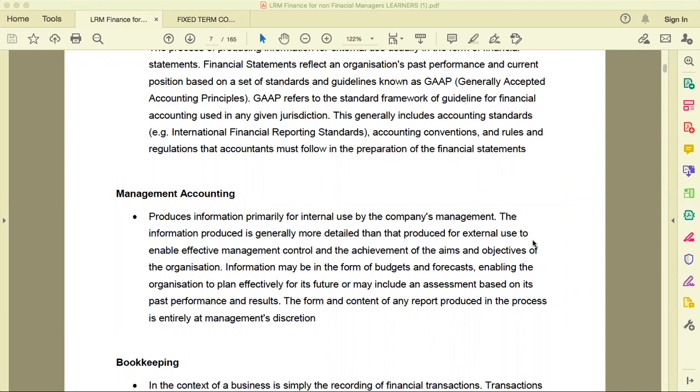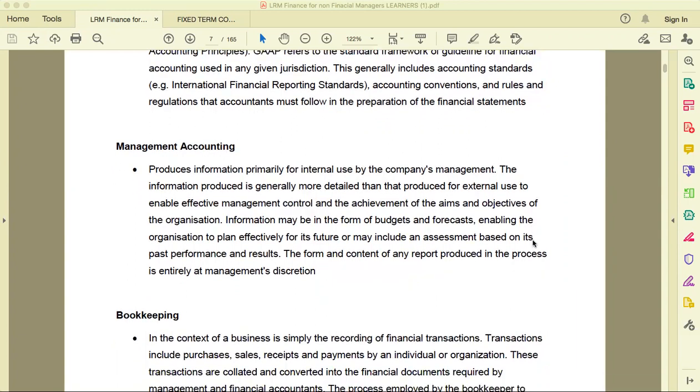We might also put things like budgets together, forecasts together, sales reports together based on the financial accounting that was done. So financial accounting teaches us the cold calculated finances of the business. We take that and then we use the data to make good financial decisions in terms of the business, in terms of the operations, and that is known as management accounting.